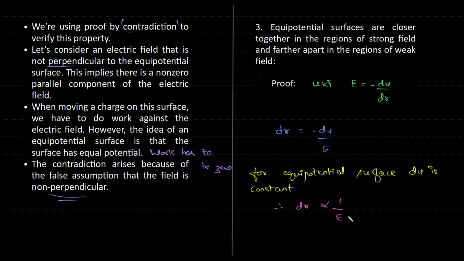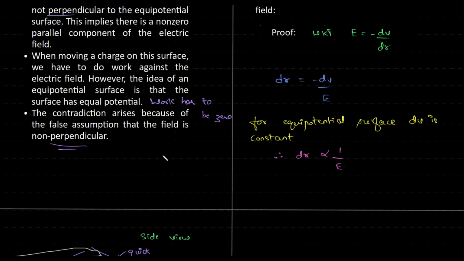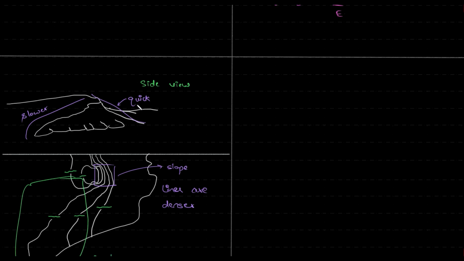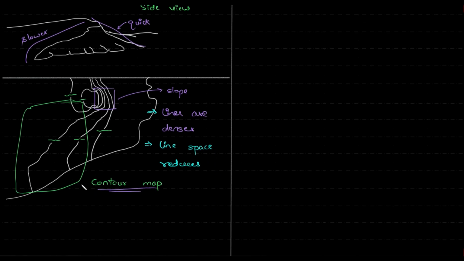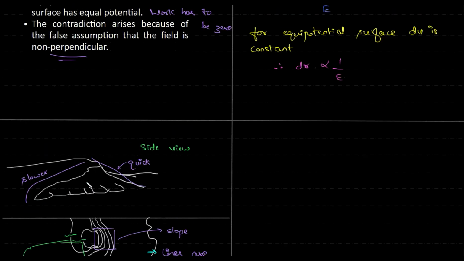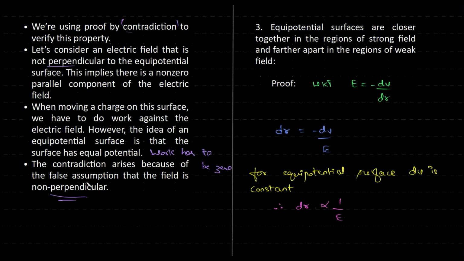If E increases, the distance between the lines will reduce. So they are inversely proportional. Same as this. The rate at which we are falling, if it's high, the density increases. Means what? What happens to line space? This implies line space reduces. That's what denser means, is it not? And here the line space is more. Commonsensical. Right? Does it make sense?